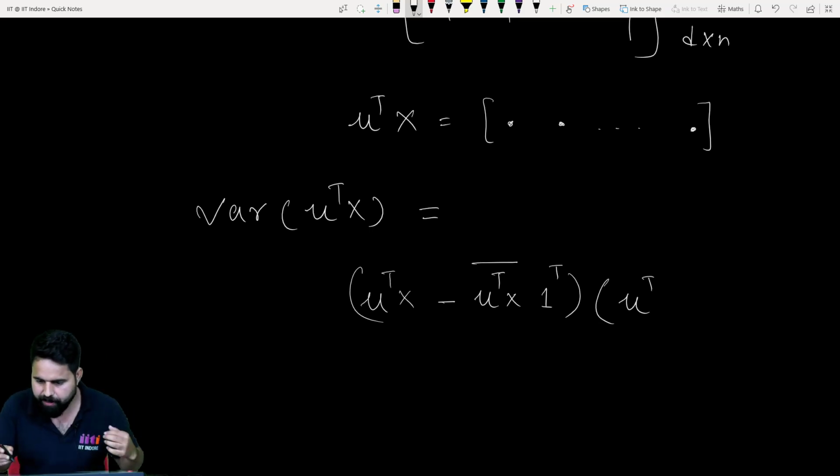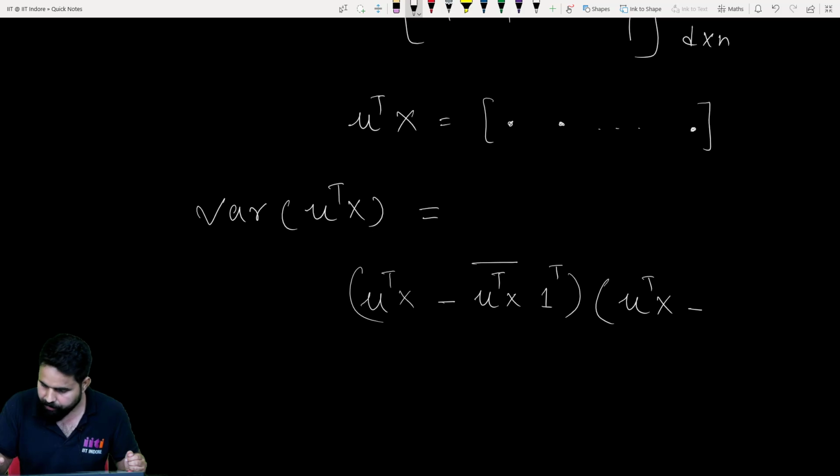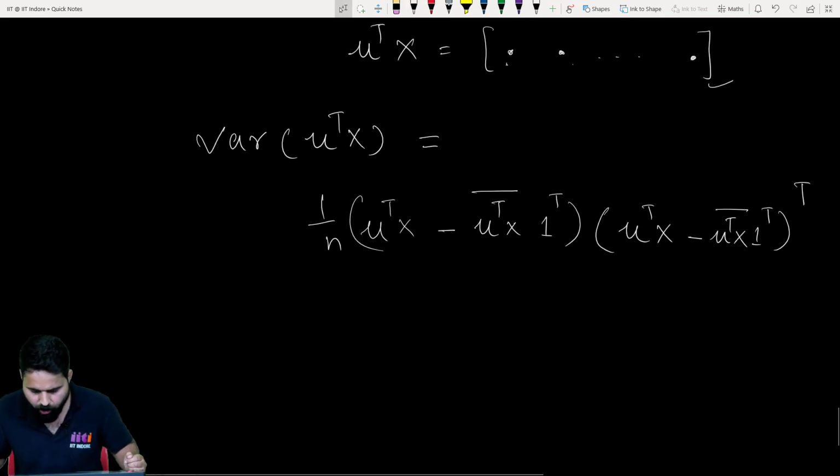You just saw what I did in the one dimensional case in just 3-4 minutes back. So the same thing. By the way, this is also one dimensional because these are the points, right? So u transpose x minus mean times 1 transpose, and then the transpose of this, and then we will divide it by n. Have some patience, let me solve it.